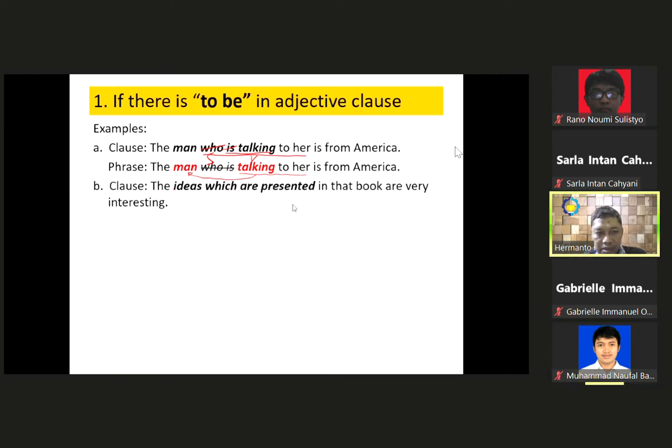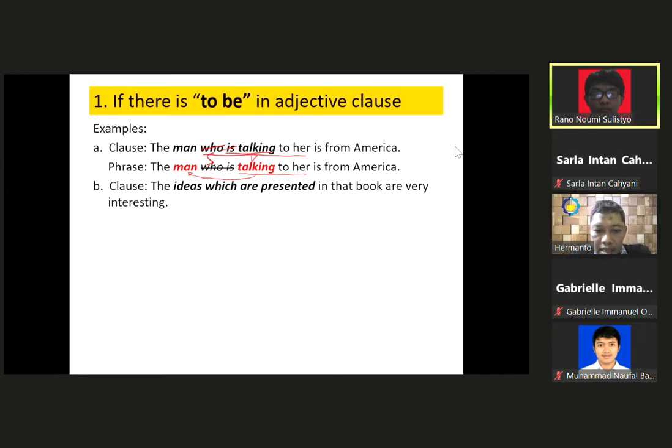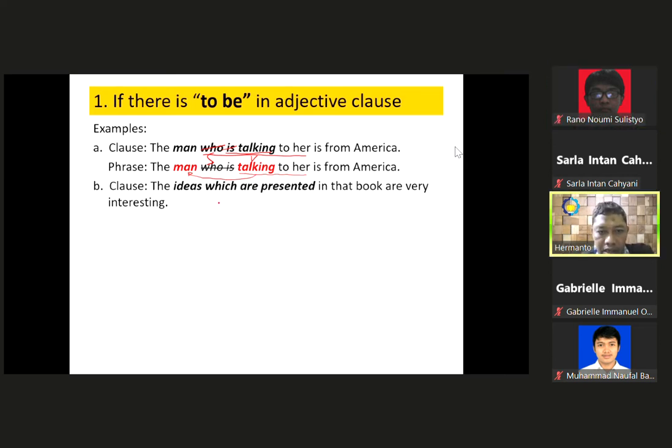Now let's continue to another sentence. Once again, please show me which is the adjective clause from sentence B. Which are presented in that book. Okay, thank you, Rano. So this is the adjective clause. Then, is there any to be? Yes, of course, are. Then what you do, you delete to be, and of course, you delete the subject pronoun which.